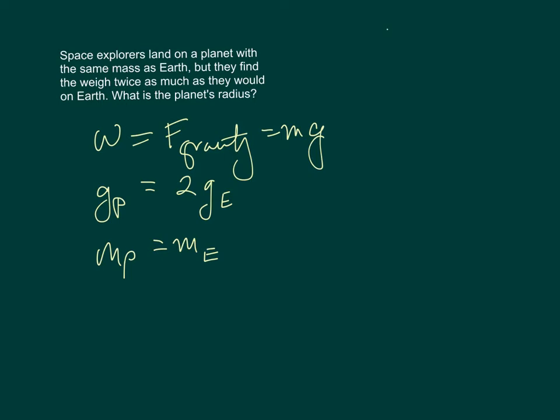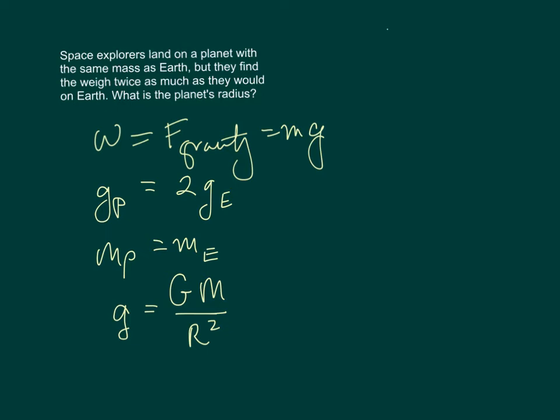The acceleration g of a planet, just in general, universal gravitation tells us that it's equal to capital G, the gravitational constant, times the mass of that planet divided by its radius squared. So in this problem, we're interested in the radius.